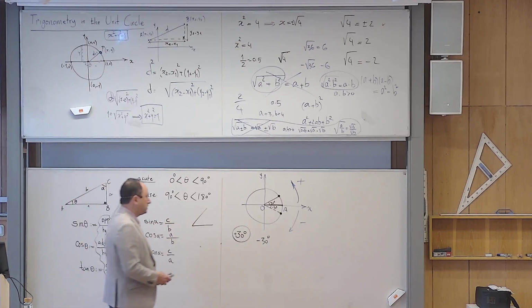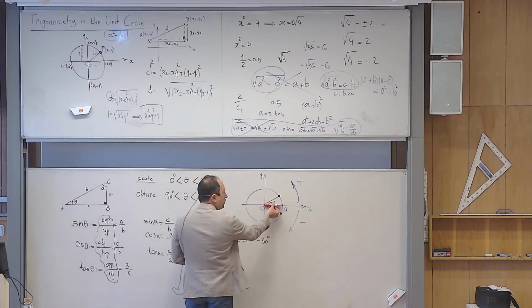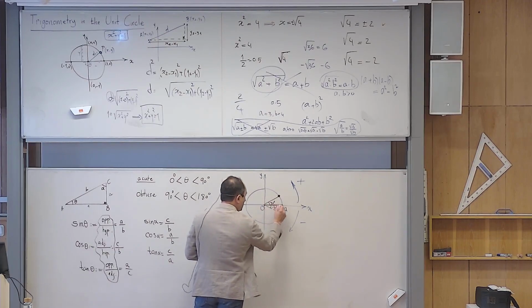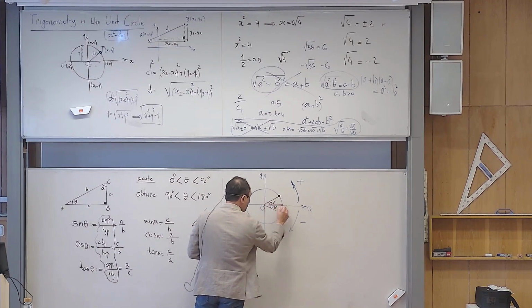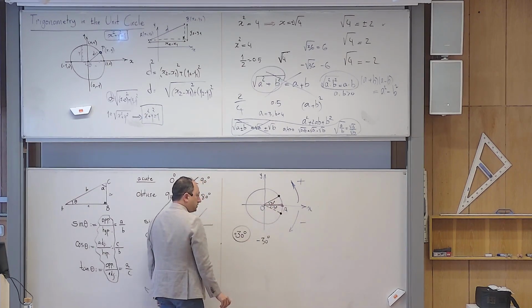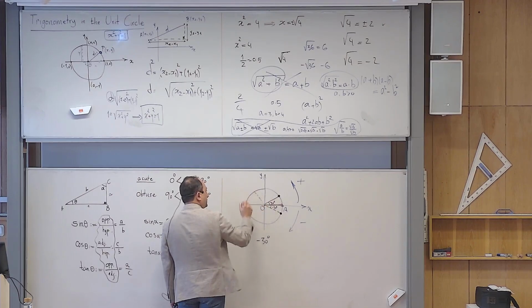Okay, now 125 degrees in this setup does not make sense, but does it make sense here? What do you do? Again, I start from where? I start from here always and go. Remember this, it's extremely important. Remember, the starting ray is always here. Okay? And then you rotate 125 degrees in the positive direction. So up to here is how much? 90, so I have to continue a little bit more. So I go, for example, 35 degrees here.